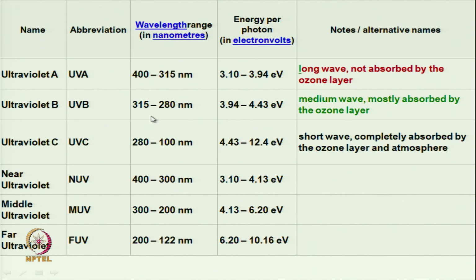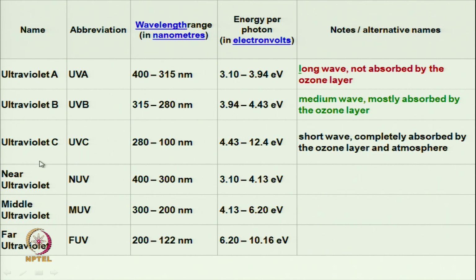UVB, it is from 280 nanometer to 315 nanometer, it is a medium wave mostly absorbed by the ozone layer. Its energy is a little bit higher than UVA, 3.94 to 4.43 electron volt.